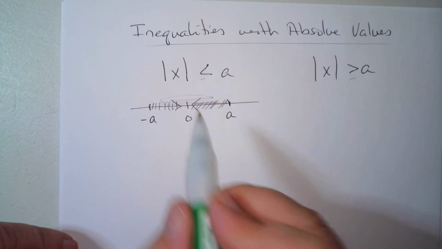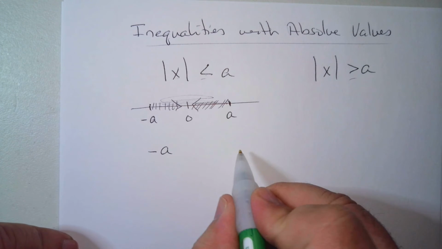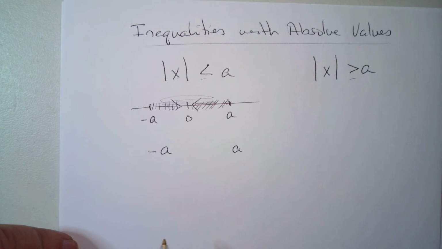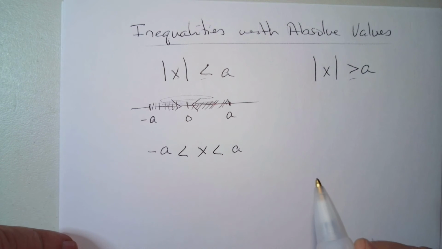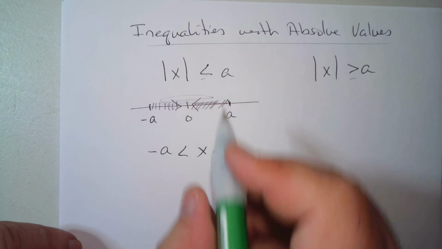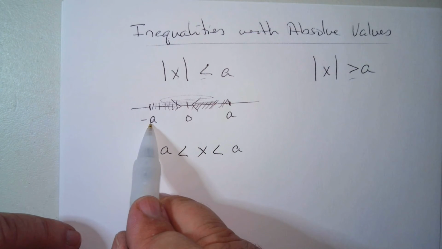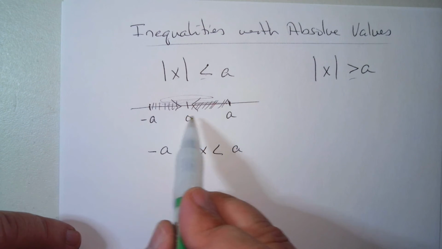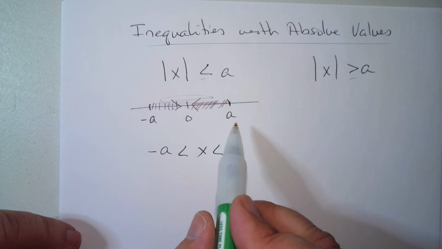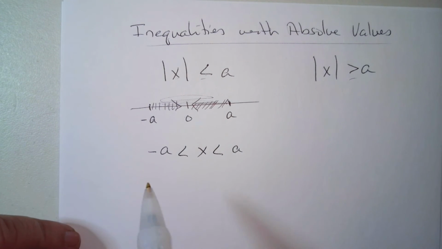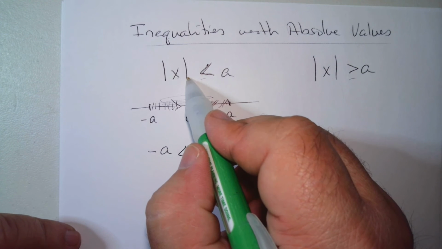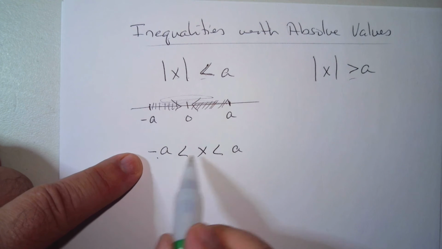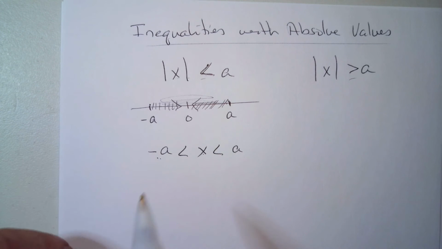So all my x's are between negative a and positive a. So if it's less than, when I drop the absolute value sign, my x is going to be bigger than negative a, but less than a, because it has to be less than a.